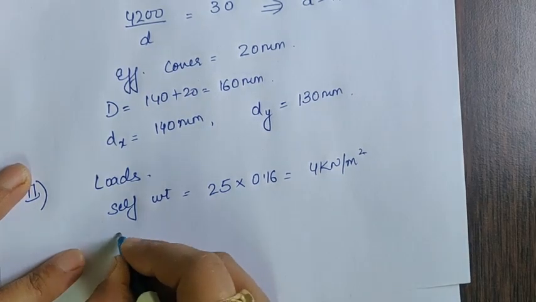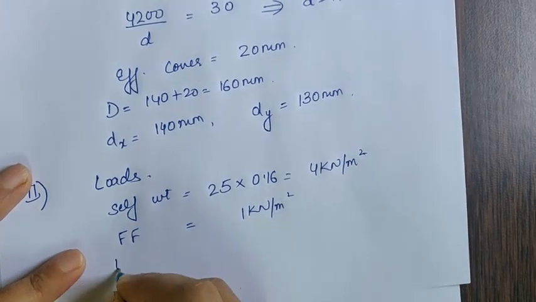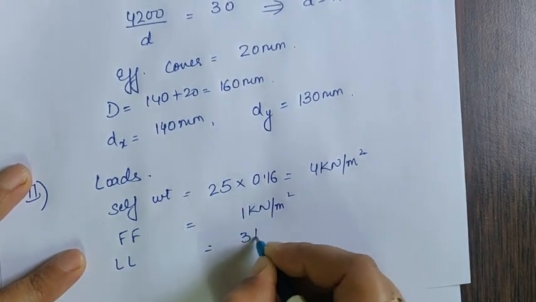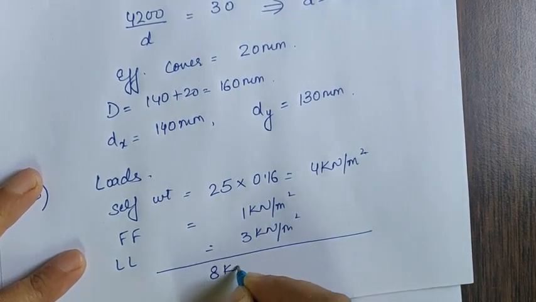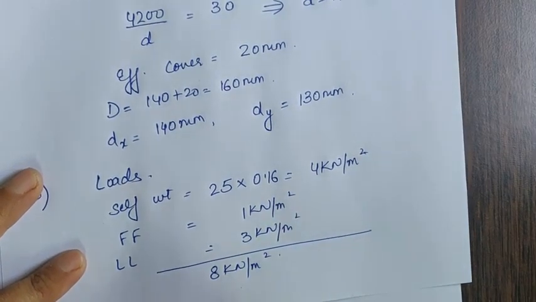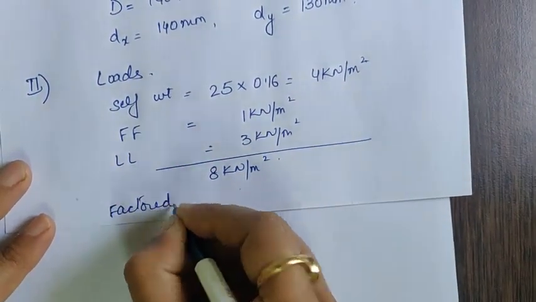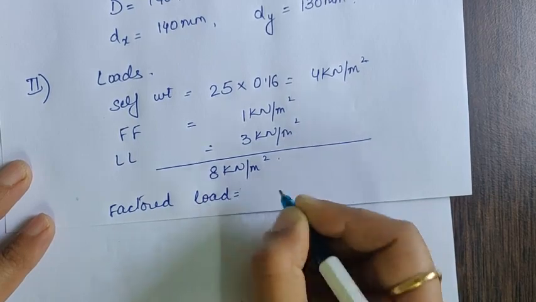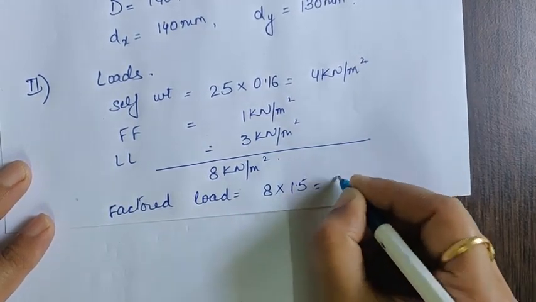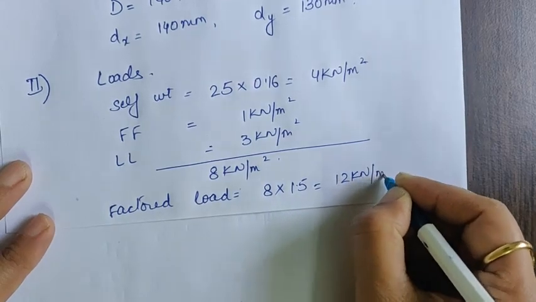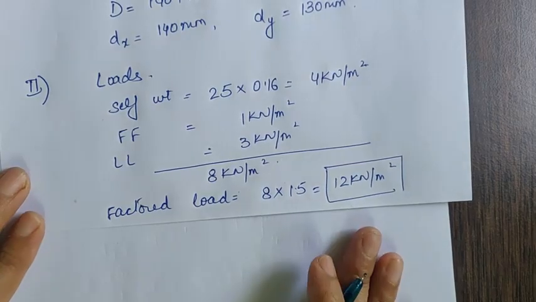Then floor finish is 1 kilonewton per meter square, then live load is 3 kilonewton per meter square. So the total load is 8 kilonewton per meter square. If I take a factored load, it will be 8 into 1.5, that is 12 kilonewton per meter square. So we will be designing the system for a load of 12 kilonewton per meter square.